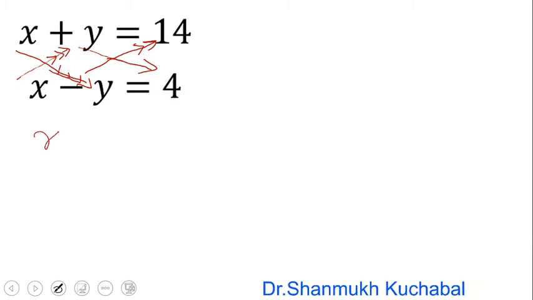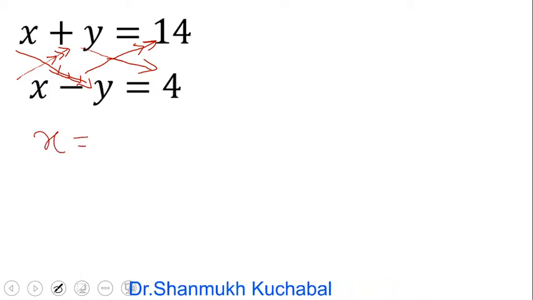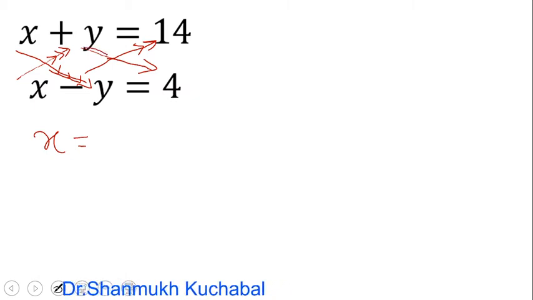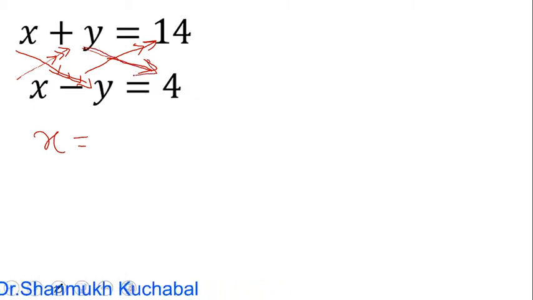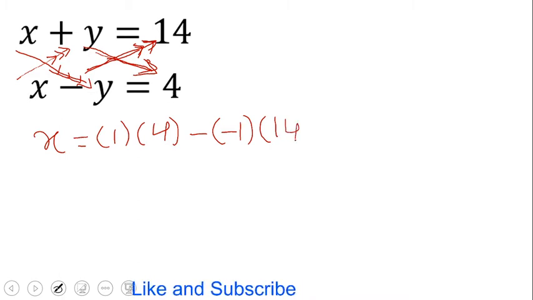So the solution for x is, here we observe that the y coefficient is multiplied with 4. So the y coefficient is 1 into 4, the first arrow mark multiplication. Then minus, right to left here. I'm just tracing here. This is our second step: the y coefficient is minus 1 into 14.